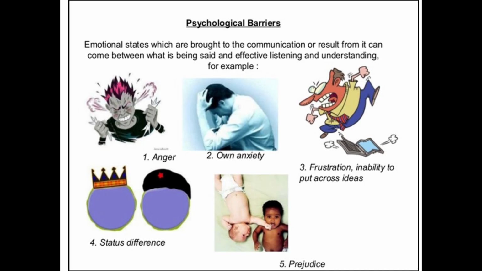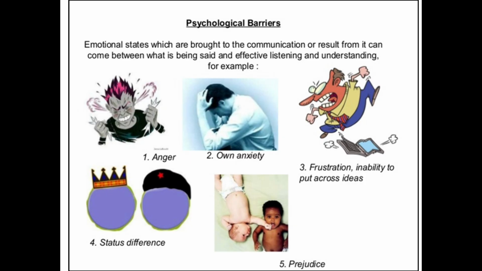You may look at these illustrations. See, there are different types of socio-psychological barriers. With these barriers, we are unable to send or receive messages. For example, in the very first picture, you can see the person is in anger, and he is not willing to listen to others.